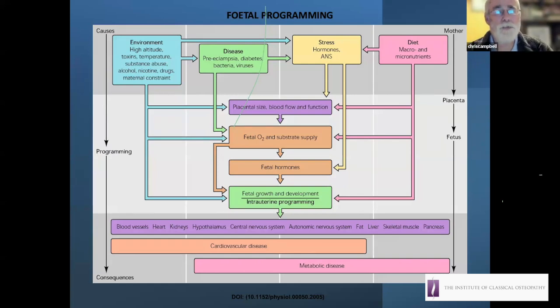And with that, there's this other aspect, called fetal programming. There's a fairly detailed piece of research going on at the moment about how what happens in fetal development in utero has a serious effect later on in life. Whether it's simple things like toxins, temperature, substance abuse, alcohol, maternal constraints, diseases like preeclampsia, viruses, hormonal stresses, diet, malnutrition, all having an effect later on in the adult on metabolic diseases, cardiovascular diseases, blood vessel, heart, kidneys and so on.